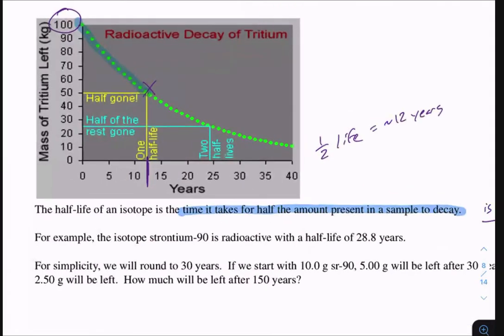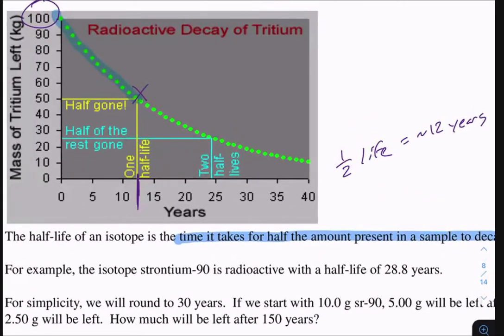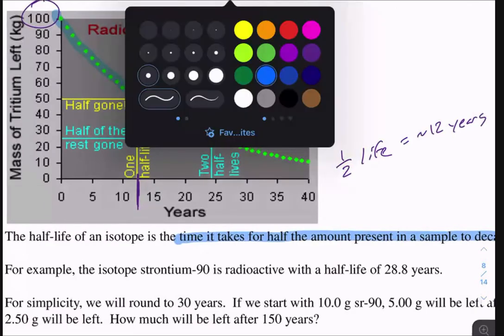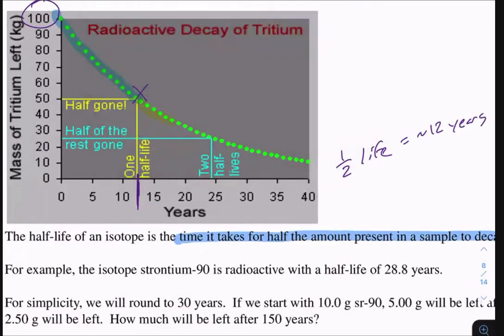Following down here on the graph, we went from 12 to 24, or in other words, 12 years. So the value of the half-life remains constant. The amount you have will always be cut in half.